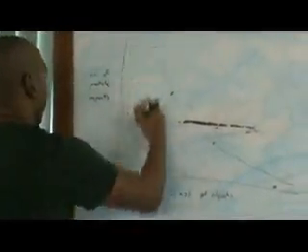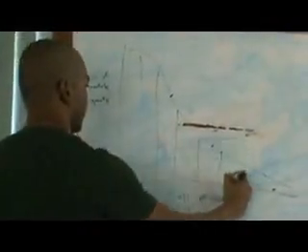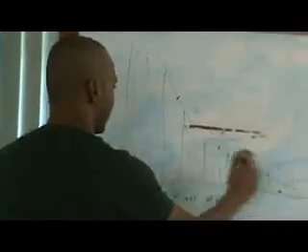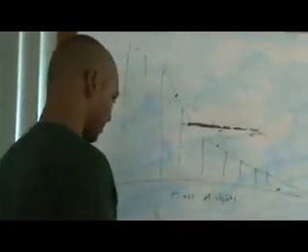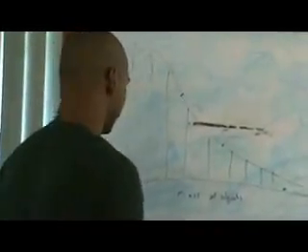Now, to calculate the mass of these objects, I would have to use calculus to calculate the area under this curve, the area under this curve of mass of objects that impact the surface of the Earth. They gave me a function.